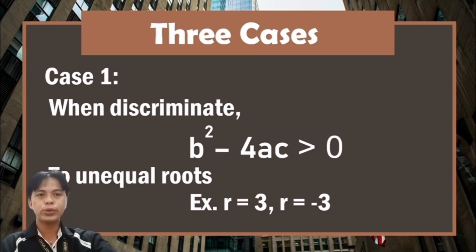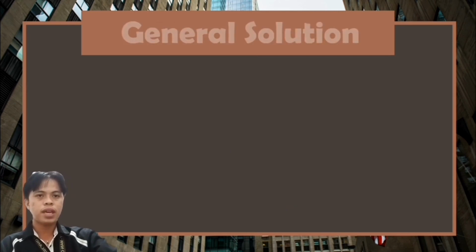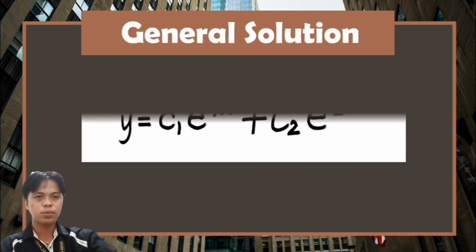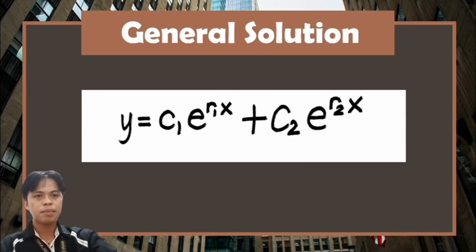The general solution for this would be y equals c sub 1 times e raised to the power of r sub 1, or the first root, times x plus c sub 2 times e raised to the power of r sub 2, or the second root, times x.